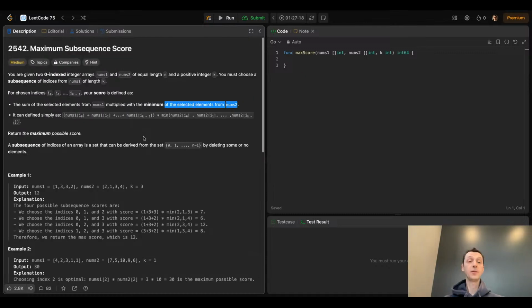Wow. Okay, so there is some math logic here, and it can be defined simply as the sum of selected nums1 multiplied by the minimum of selected from nums2, and you want the maximum score.